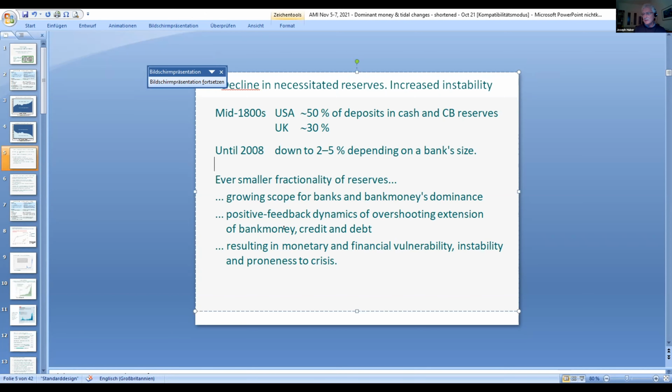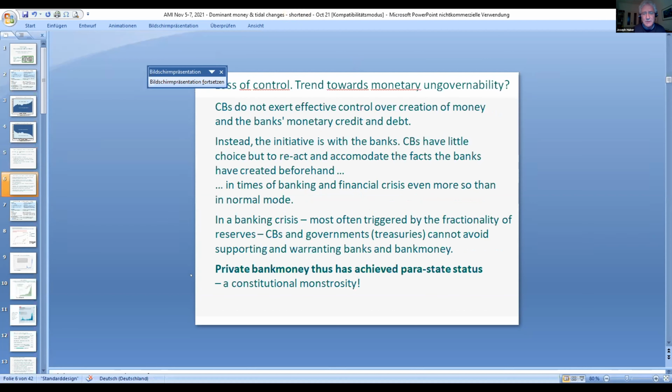And that results in monetary and financial vulnerability and proneness to crisis and so on. Now, most economists still think that it's the central bank that exerts some control over that, and the central banks themselves want to maintain that idea they are in control, but in fact they are not.